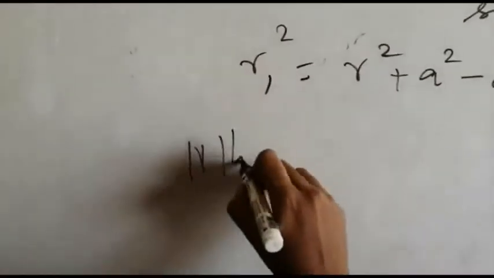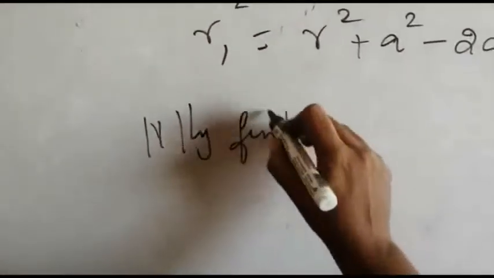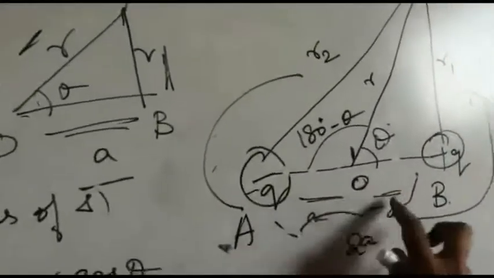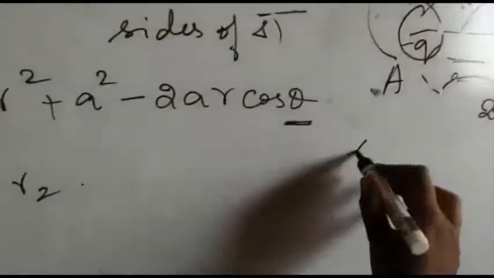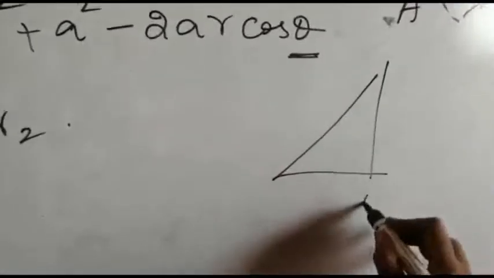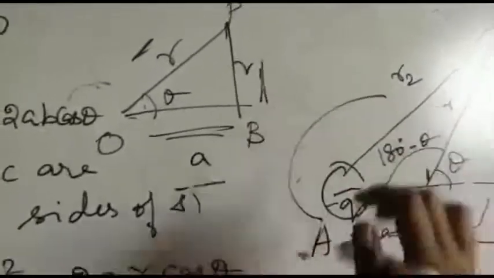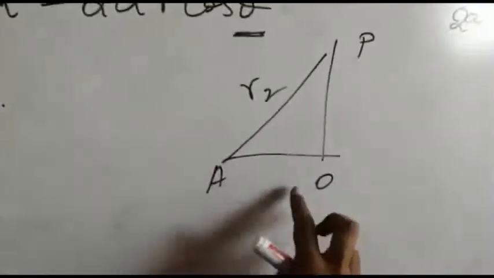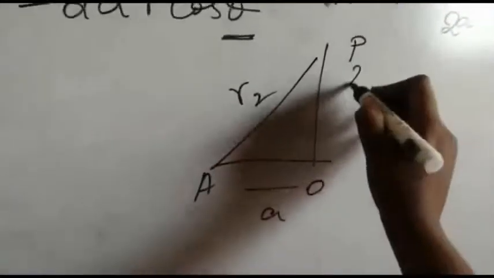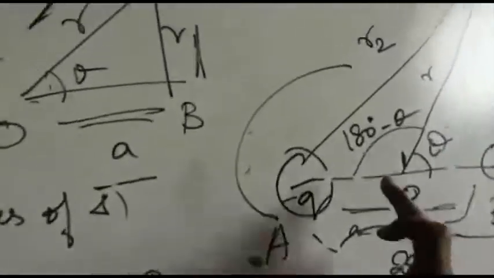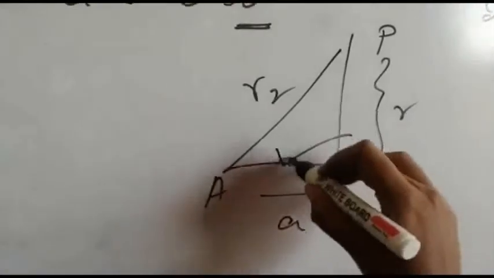Similarly, find R2. For R2, take the next triangle, AOP. This side is R2, here it is again A, and this one is again R. And the angle here is 180 minus theta.